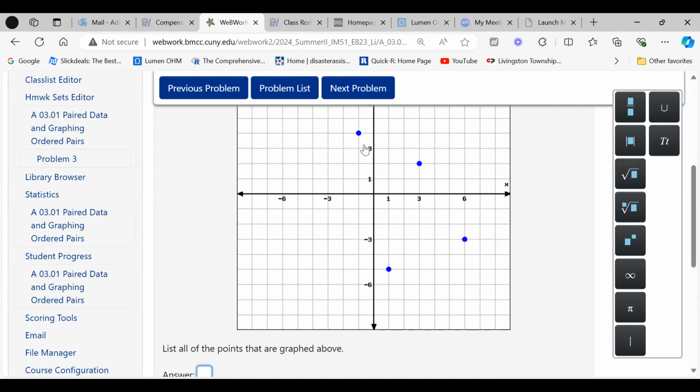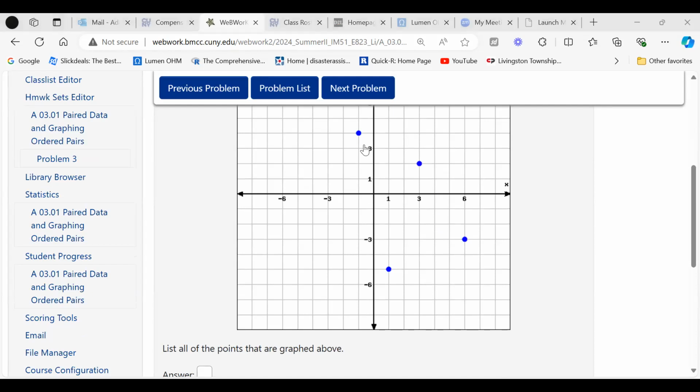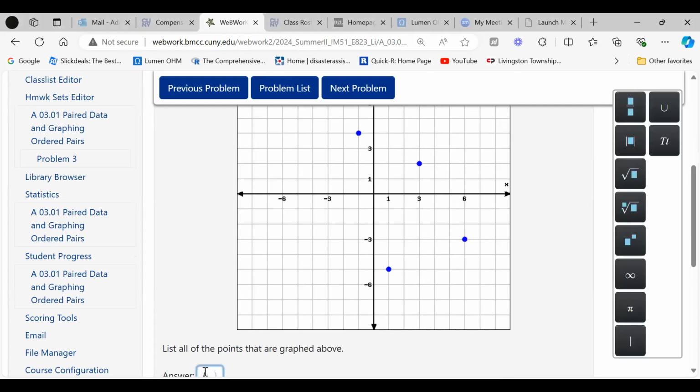Very good. Yes, Marion. So -1 and 4. Great. That's the highest point, right? And the second one, 3, 2. Great. Good one.